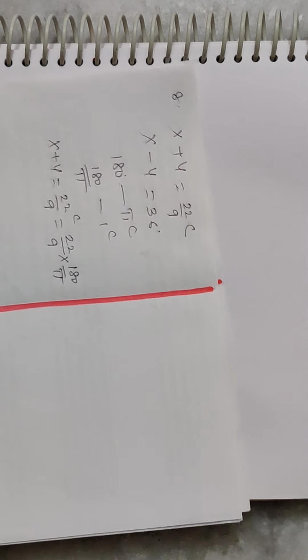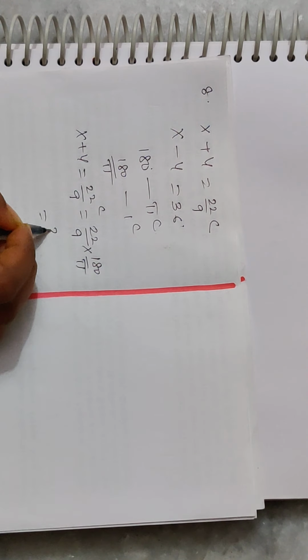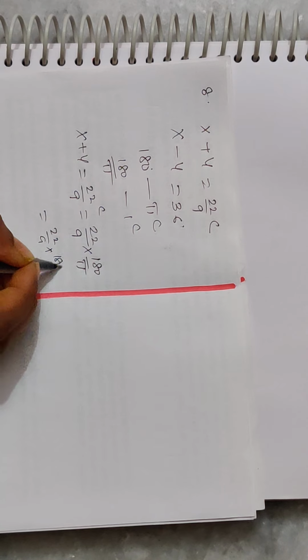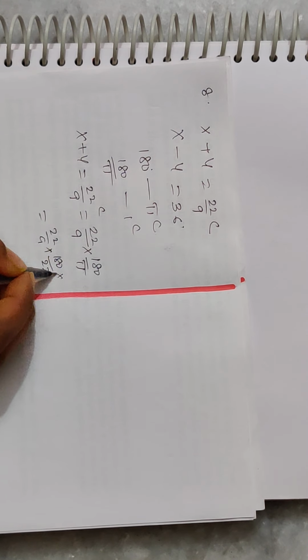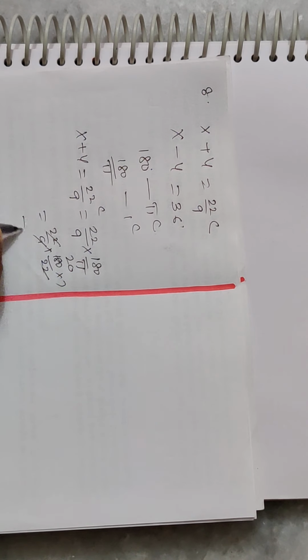The question says to take pi as 22 by 7. So 22 by 9 into 180 by 22 by 7. The 22s cancel, 9 twenties are 180, so 140 degrees is x plus y.